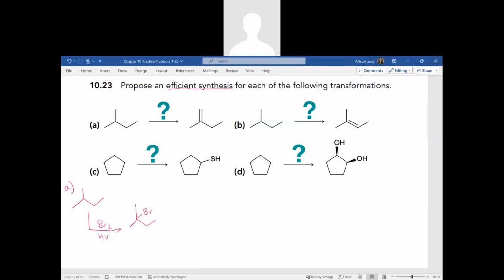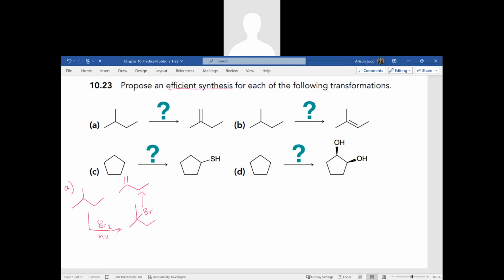And from there, we could do an elimination. We want our final product to be a Hofmann product, if you recall. So the double bond for the alkene will be the less substituted double bond possible through elimination.